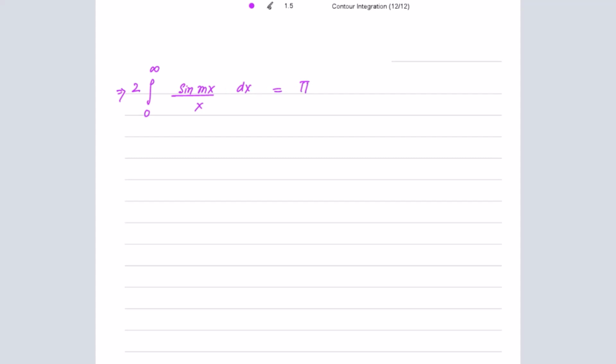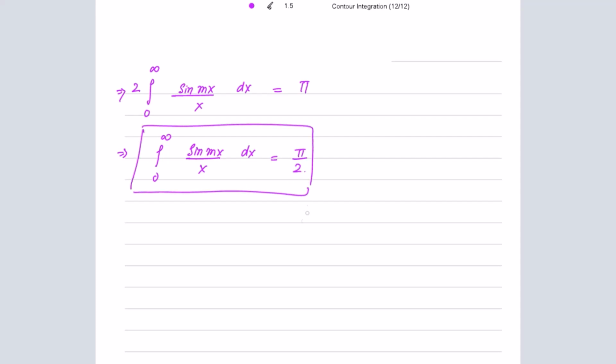Taking this 2 to the other side, I get the required result: the integral from 0 to infinity of sine of mx over x dx is finally pi by 2. This is the final result.